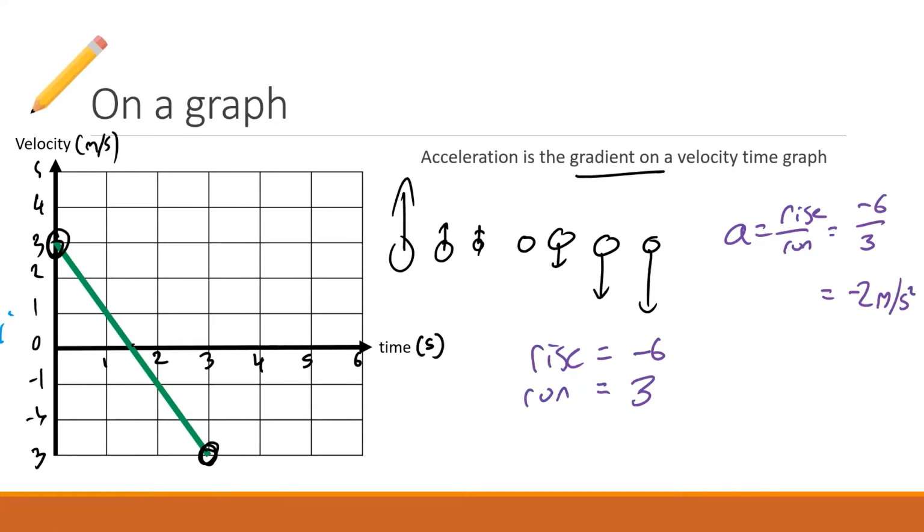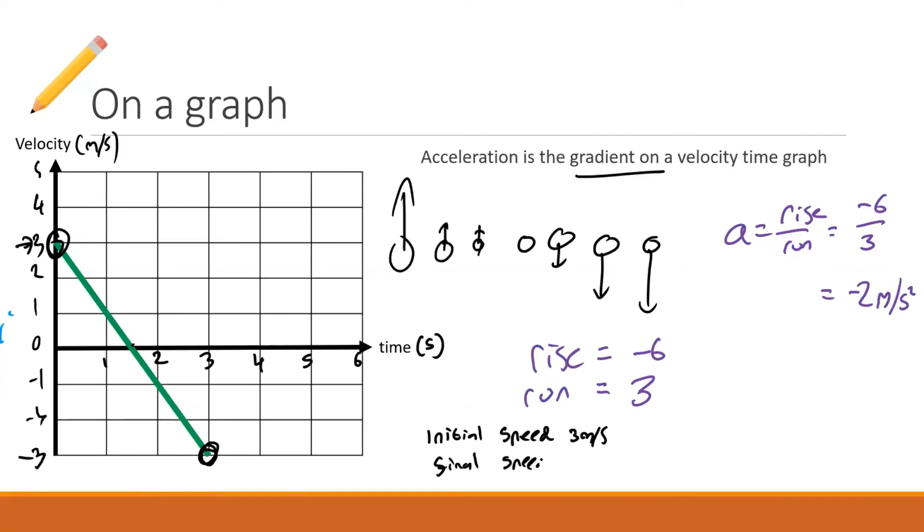Okay? So if I take those two values there, let's call this one the initial speed. That's 3 meters per second. The final speed, that's -3 meters per second.